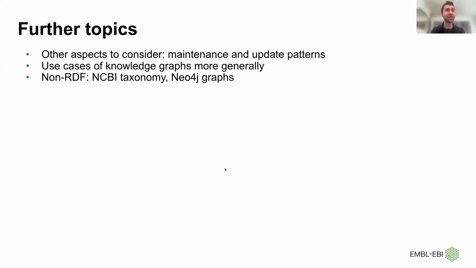And just to add to the list of assumptions that I've been making, I've mostly been talking about RDF-based ontologies. That's often the standard, but there are many other ways in which they could be organized. At least NCBI taxonomy, I don't think, uses RDF, but also not only for writing ontologies, but also knowledge graphs, for instance. There are other technologies out there.